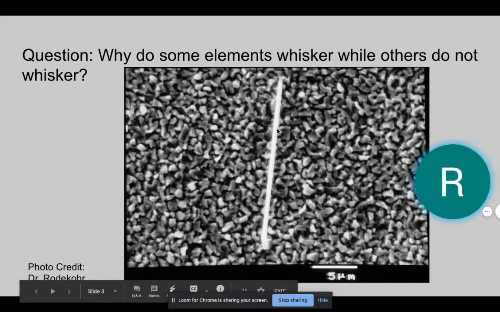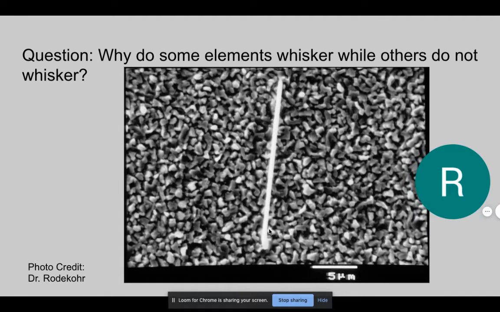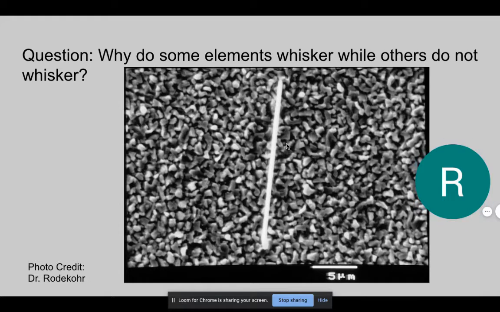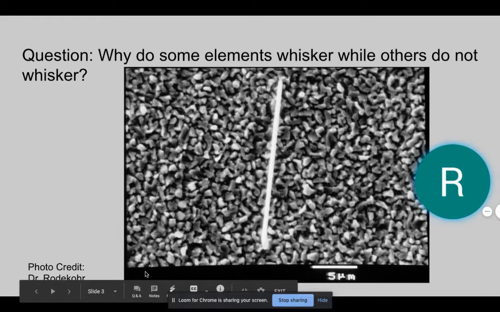These whiskers can grow from the solder and short a circuit and cause a lot of damage and cost you a lot of money if you own that equipment. This is a picture of a tin whisker, but tin is not the only metal that whiskers.